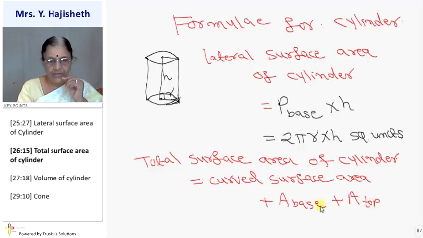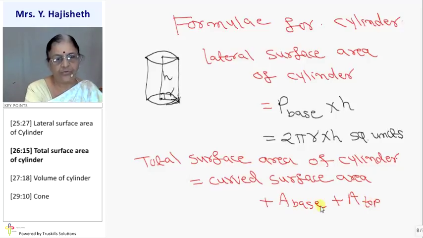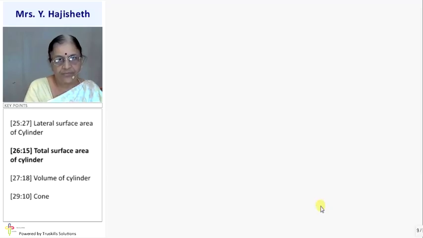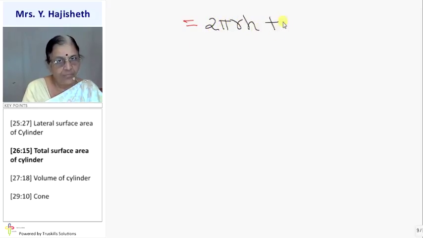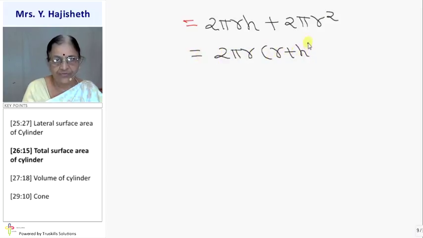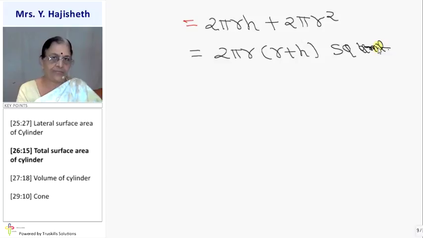Base is also circular, top is also circular. Curved surface area is 2 pi r h. Area of base is pi r square and top is also pi r square, so it is 2 pi r square. Take out 2 pi r common. In bracket you will get r plus h, square unit. We don't know whether it is centimeter or meter.